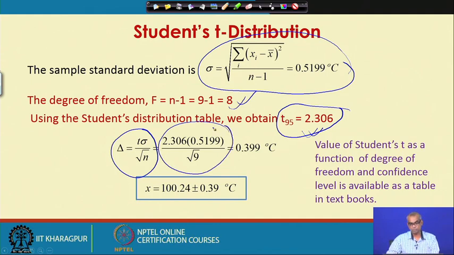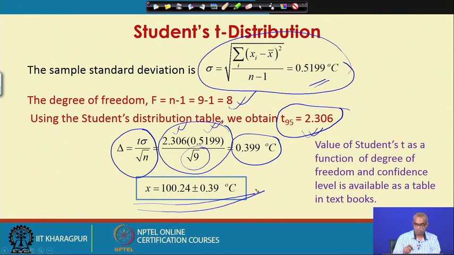You put in the values: t is 2.306, standard deviation is 0.5199, and square root of n is square root of 9, and it happens to be 0.399. So, the temperature measurement is now expressed as the mean 100.24 plus or minus 0.39 degrees Celsius.